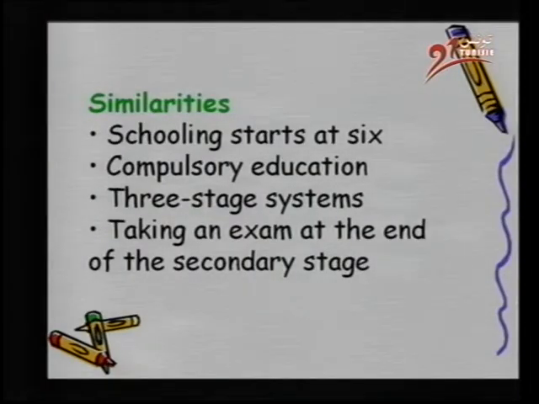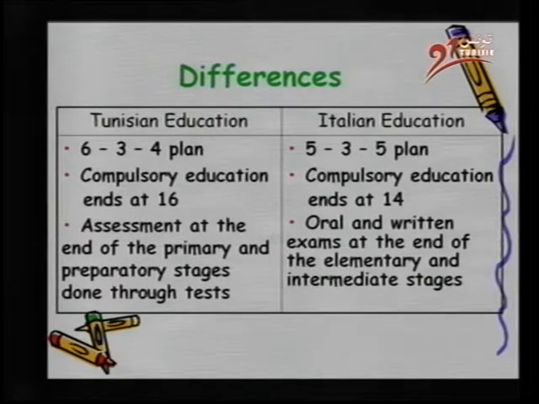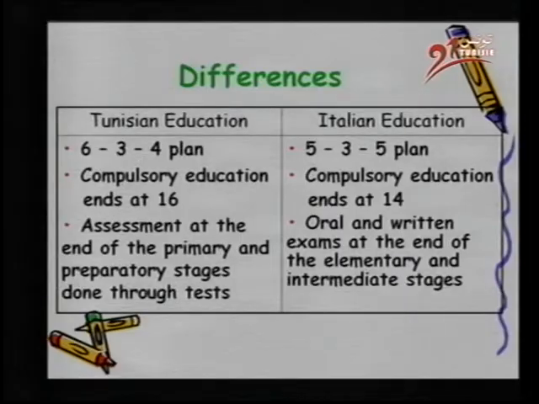What about the differences now? Focus on this table. So this is a table which highlights the differences between the two educational systems. Well, we said that in Tunisia we have a 6-3-4 plan. What about the system in Italy? In Italy they have a 5-3-5 plan.